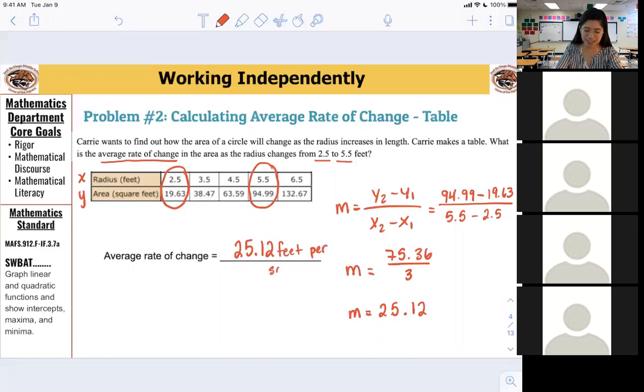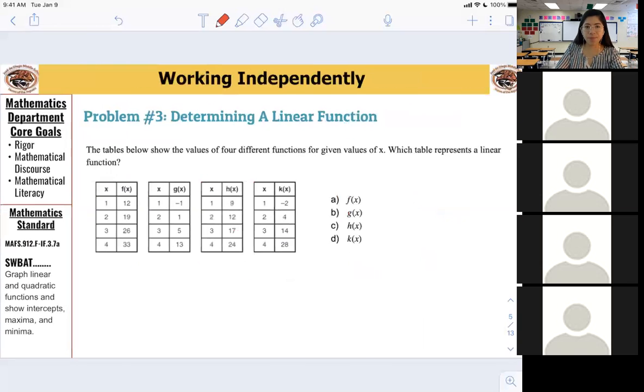It's kind of a weird one. Usually it's 2 different types of units, but in this case, that's what we got, feet per square feet. All right, questions on this one? All right, cool. Very similar again.